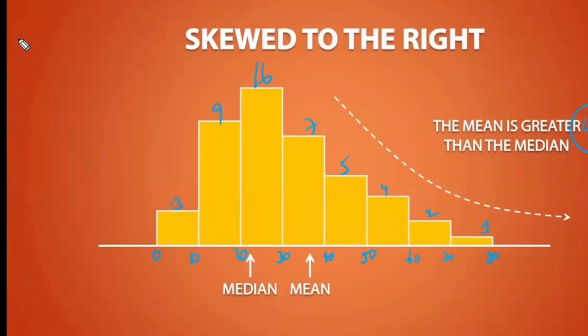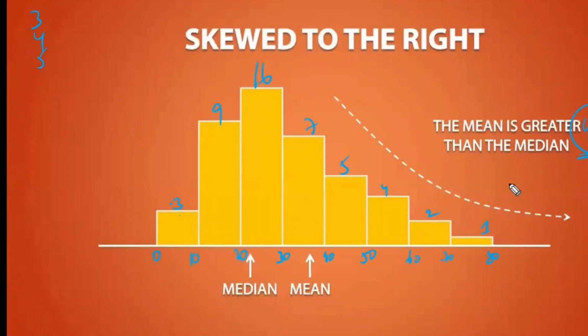Repeats are not a problem. From 10 to 20, any 9 numbers. From 20 to 30, 16 numbers. Take all the values, 47 in total.